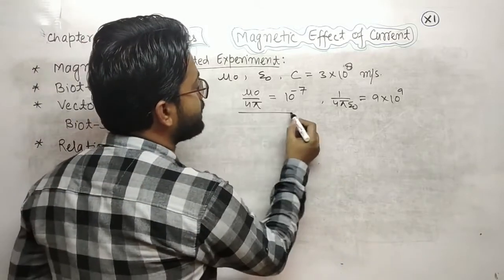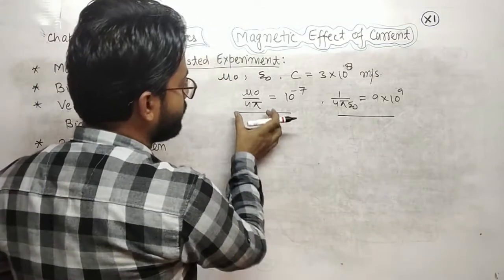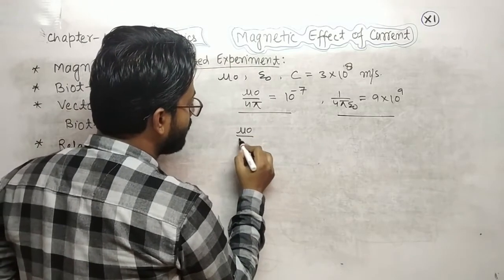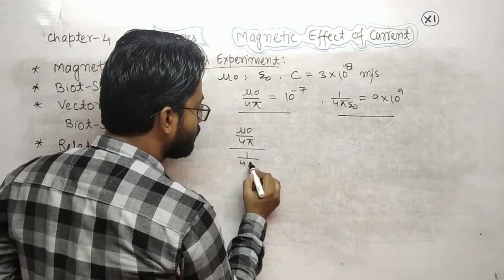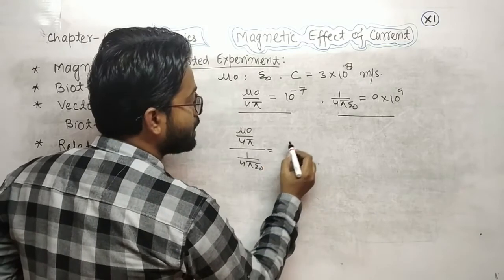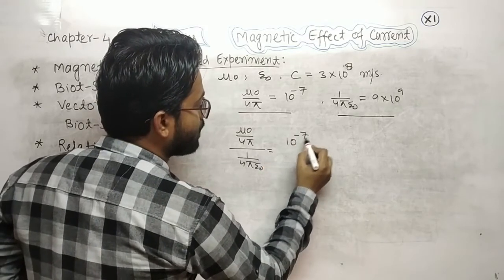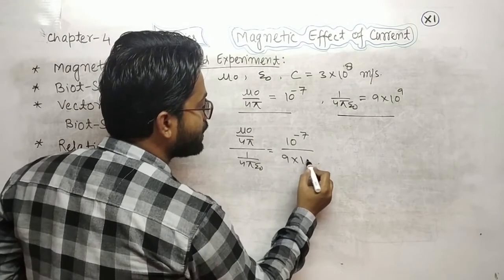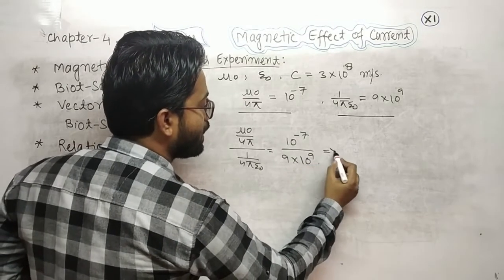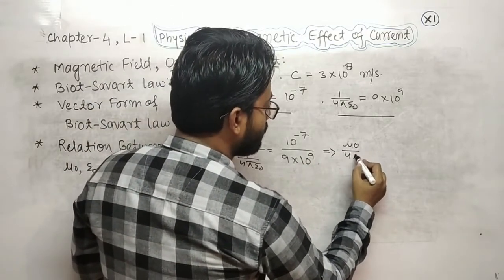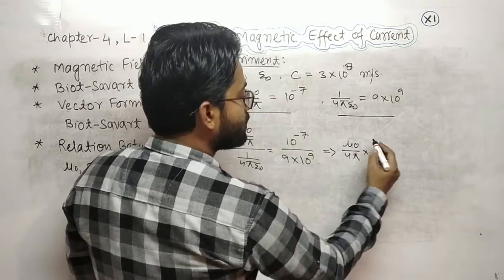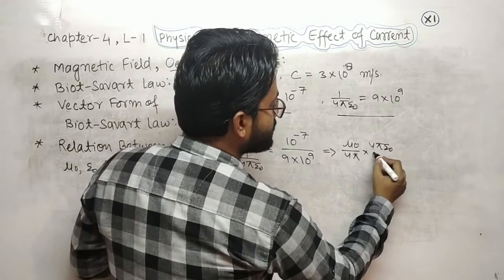Just divide this by this. If you divide mu naught upon 4 pi by 1 upon 4 pi epsilon naught, it is equals to 10 to the power minus 7 upon 9 into 10 to the power 9.